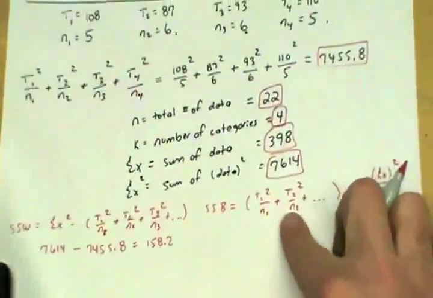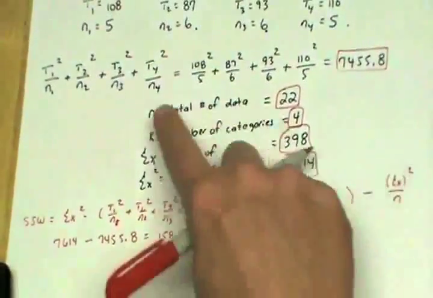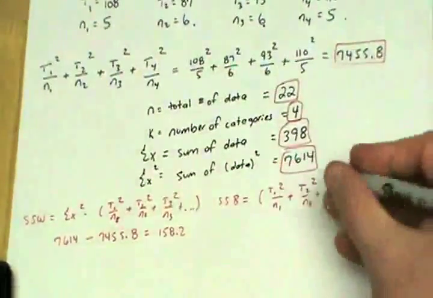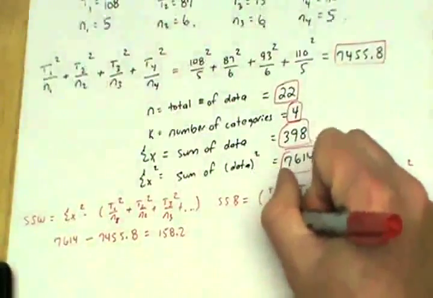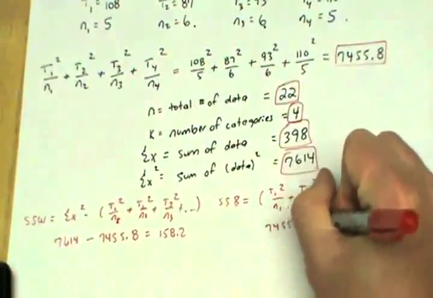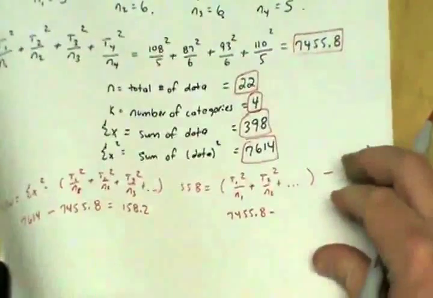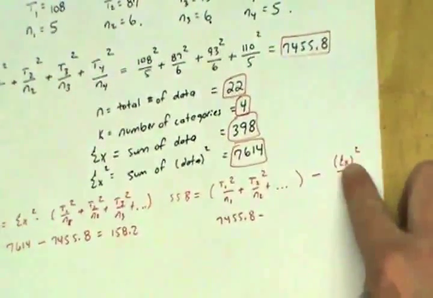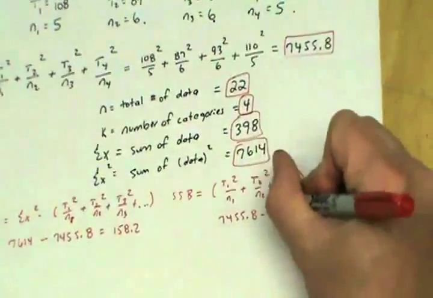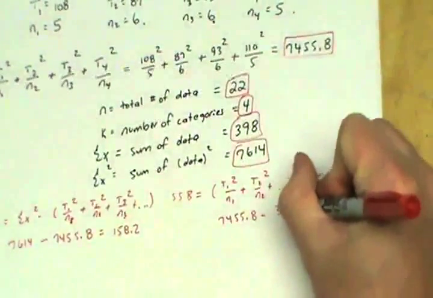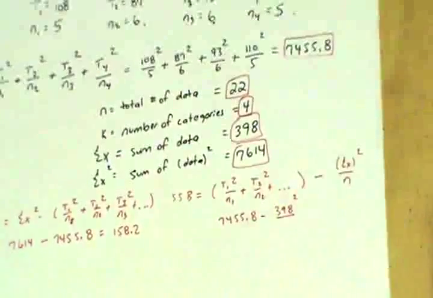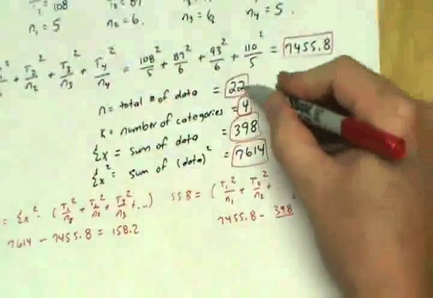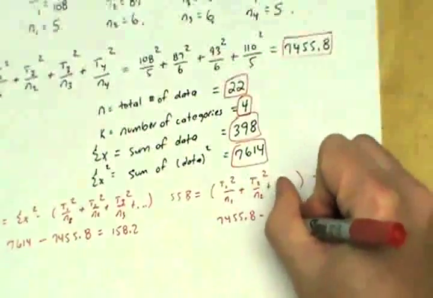The t squares we found up here, that's 7455.8. We're going to subtract the summation of x, which is 398, squared, divided by n, the total number of data, which is 22.